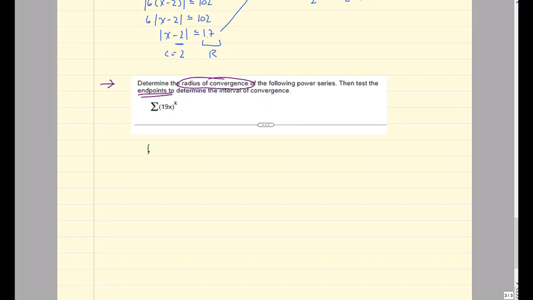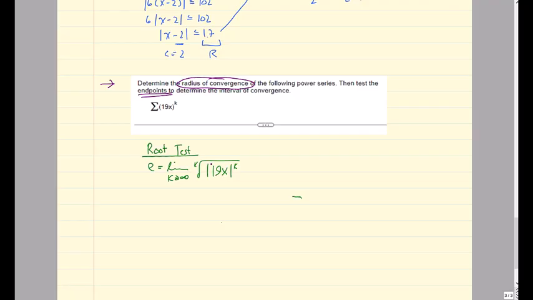We have to use the root test, so as usual I always name the test. And then I look at the criteria for the test. So if you want to look on your formula sheet to see the criteria for the test, you can. So remember, I'm always looking at that row, the limit as k approaches infinity of the kth root of the absolute value of (19x) to the k. Now the 19 and the x are raised to the k, so that's important to note that difference.